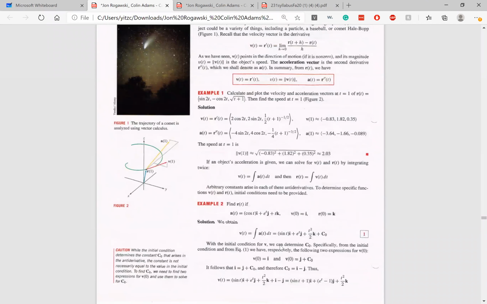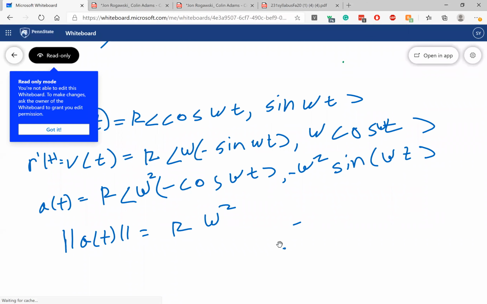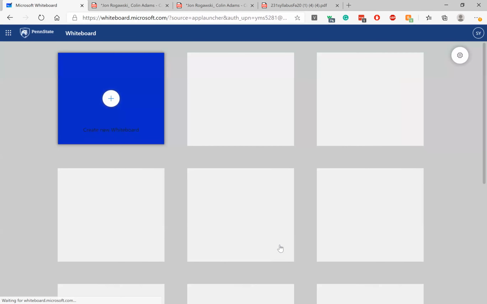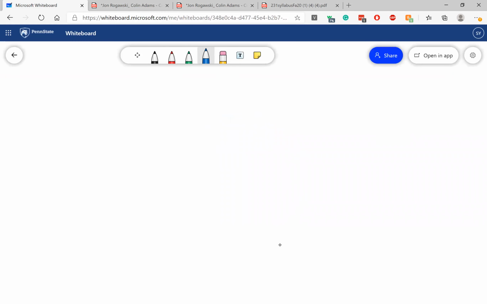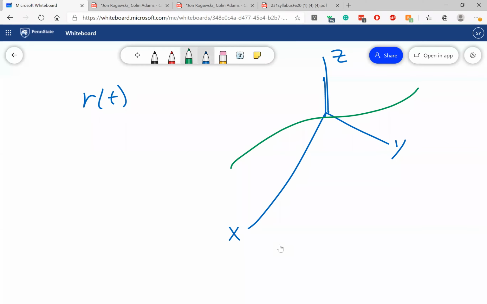So the first thing is, if we have the position curve, which is our r(t), here in x, y, z, and here's our curve, then r(t) would be this curve.